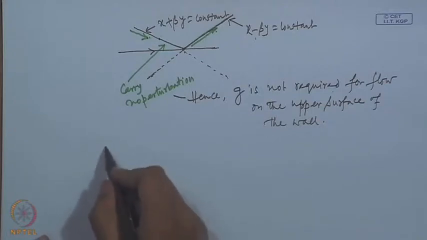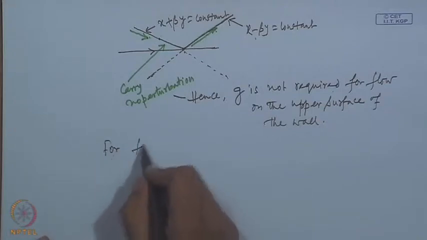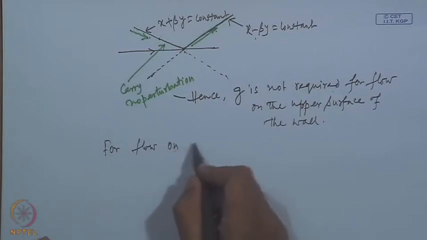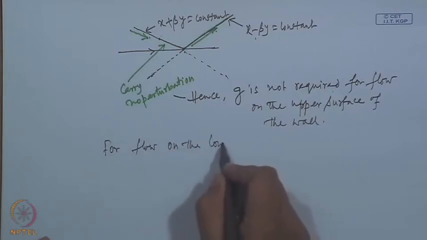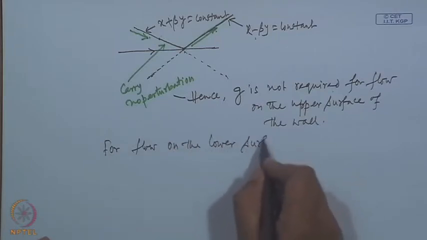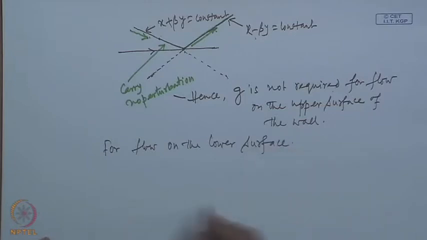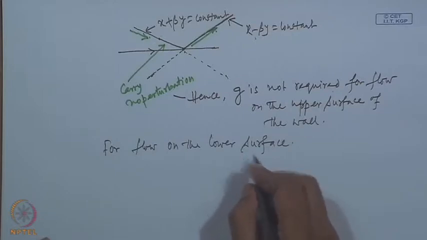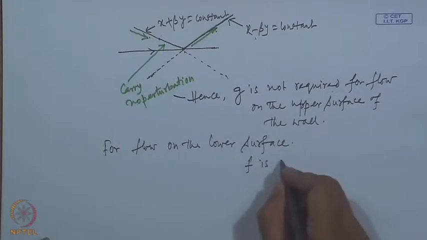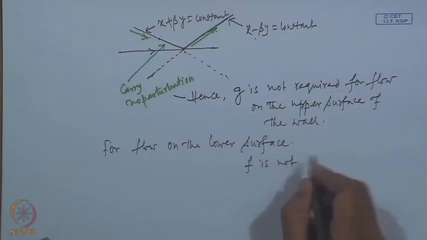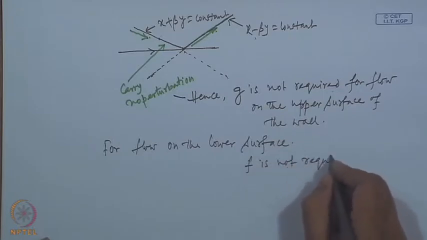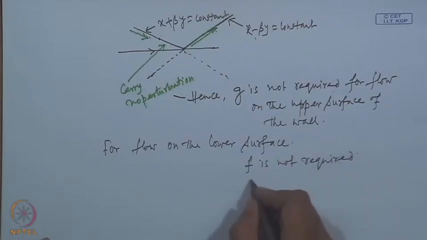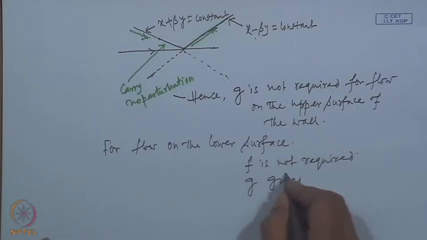So, for flow on the lower surface, g gives the solution.